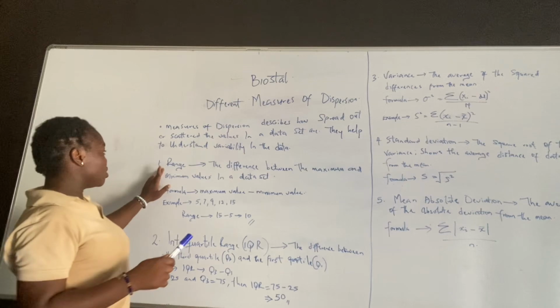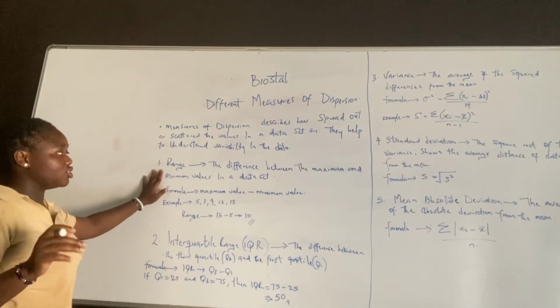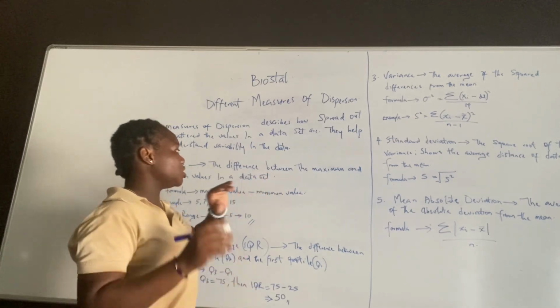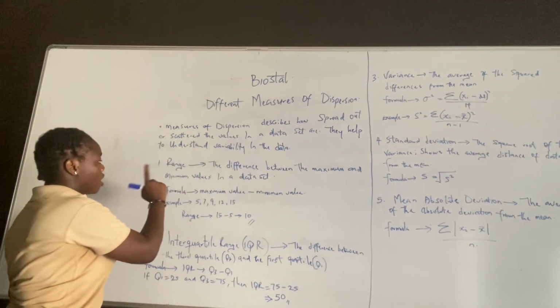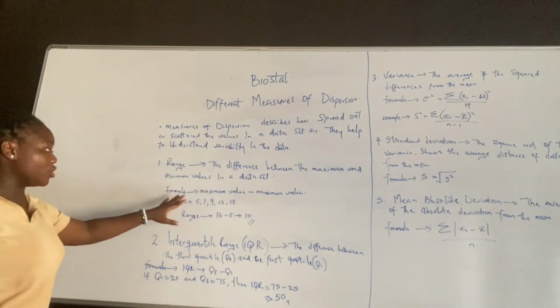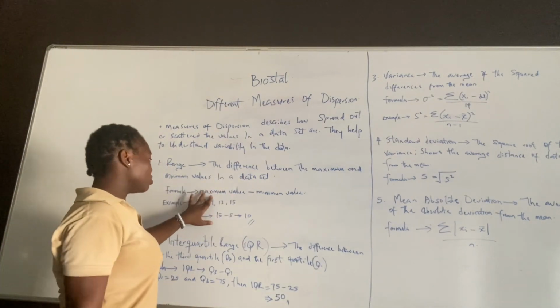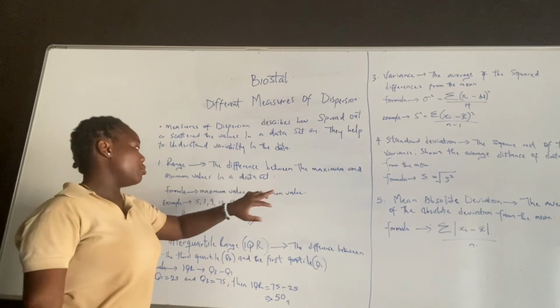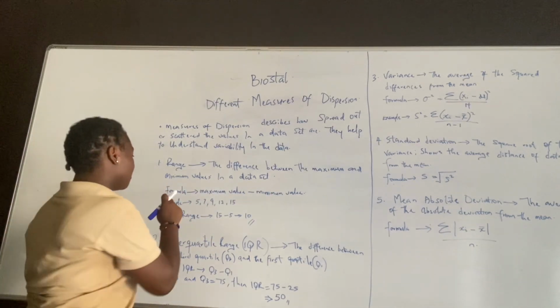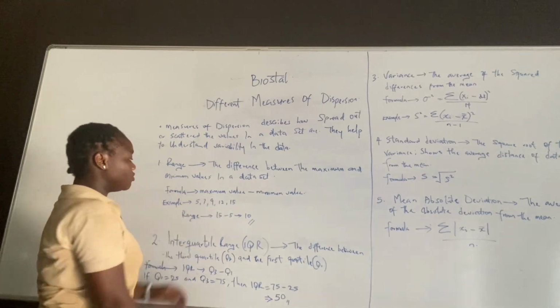So one, we have range. And what is range? Range is the difference between the maximum value and the minimum value in a data set. So the formula is maximum value minus minimum value. I put here an example: we have 5, 7, 9, 12, and 15.